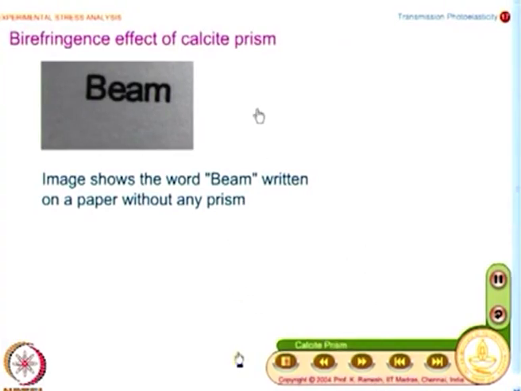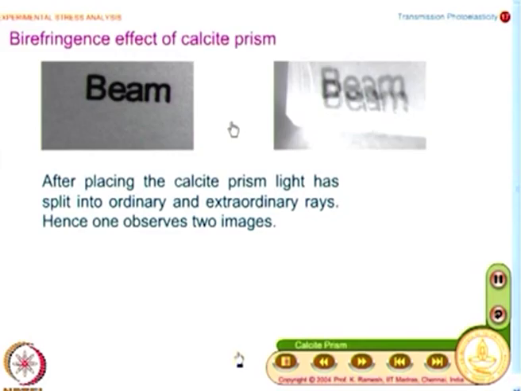I again come back to the letter beam. So, I have an image of the word beam written on a paper and you view it normally. Then what do I do? I go and put a crystal on top of it. This is in normal light, you view it.